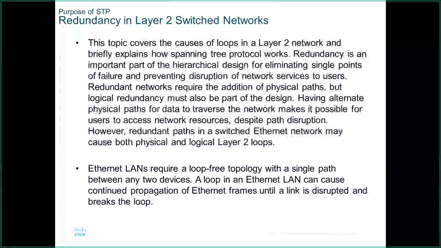So we need the alternative pathing which generates the loops, but what we don't need is all the links running for all the traffic all the time. So we need to generate a loop-free topology that will generate a single path between any two switches within the topology.